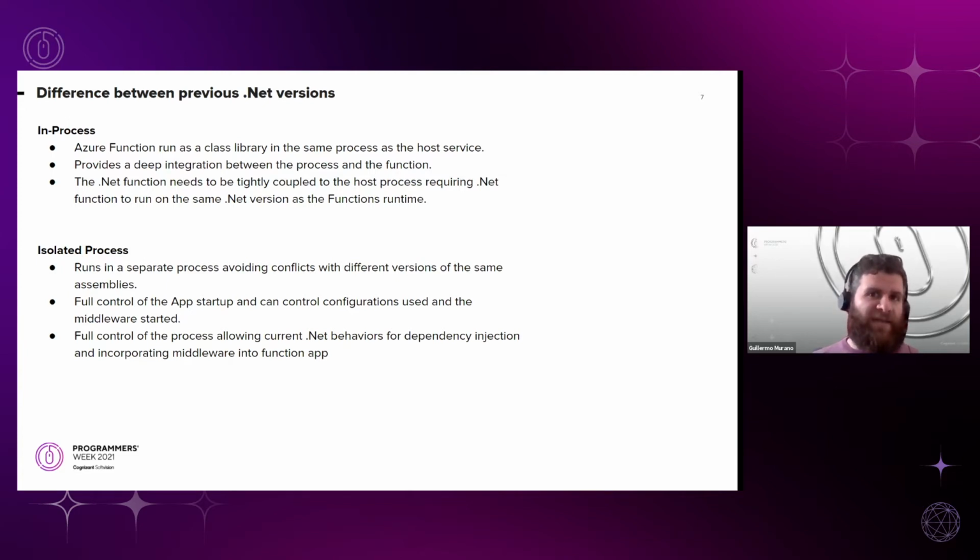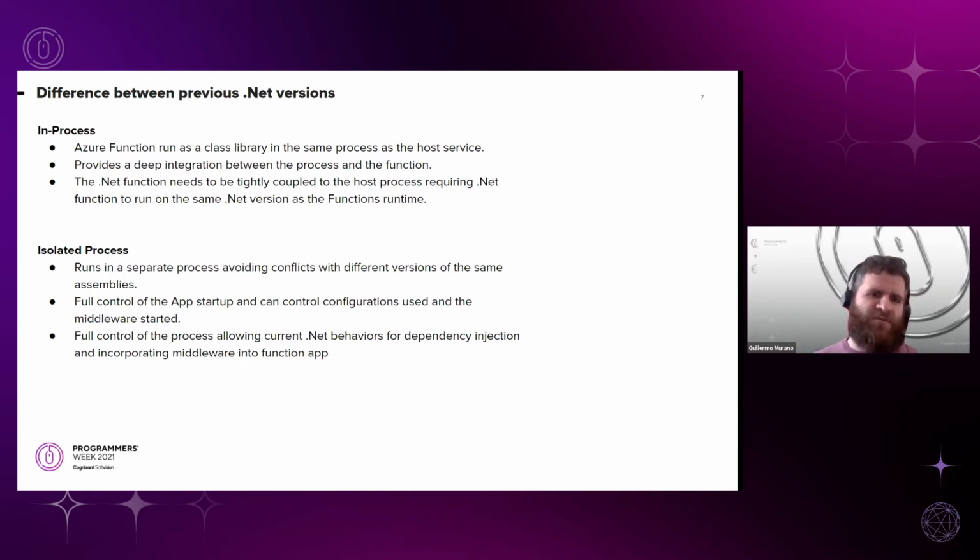And on the other hand, other languages supported by Azure Functions use an out-of-process model that runs the worker in a separate, isolated process from the host, supporting a quick support for new language versions without host updates. So that's why it was decided to migrate from this in-process to an isolated process.